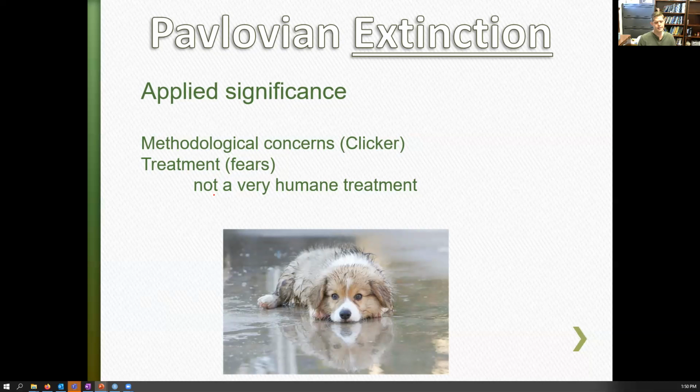However, just simply doing extinction is not going to be considered a very humane kind of treatment. It's like if you were afraid of spiders, and we just have you interact with spiders over and over again to try and extinguish that fear. Extinction is an important component, but we can introduce extinction as part of our training methods in a much more friendly way. Remember with the dog at the beginning and the barking, she introduced the dog from a very far distance from the washing machine.